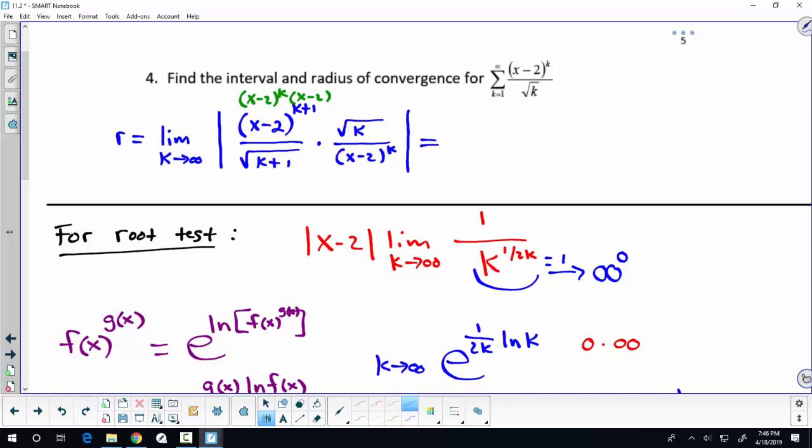We end up with this limit times the absolute value of x minus 2. If you want to put the absolute value of x minus 2 in front of the limit, you can, because it's not affected by the limit. Limit operates on only things that involve k. That limit is 1.